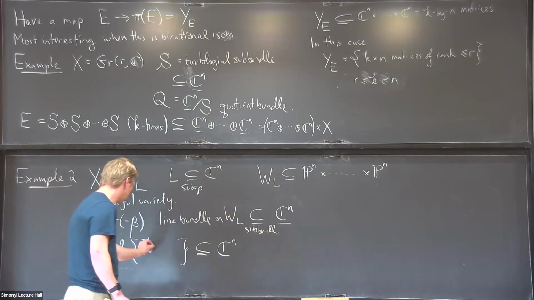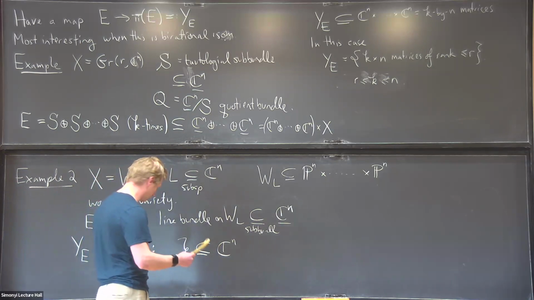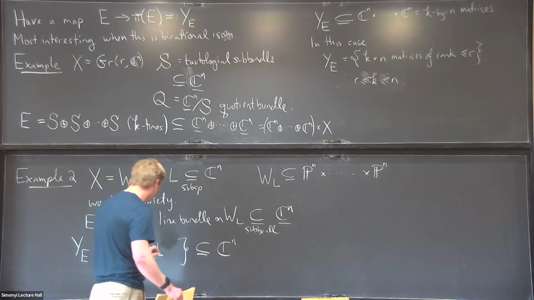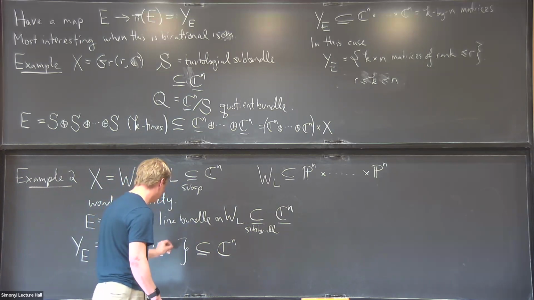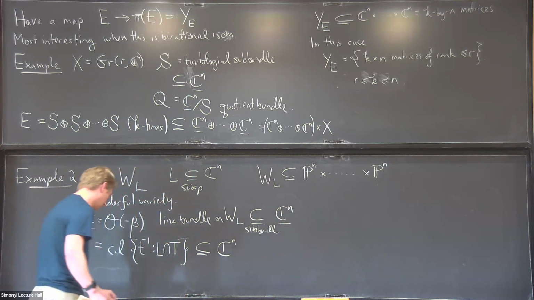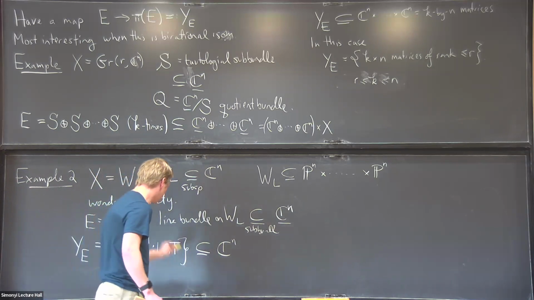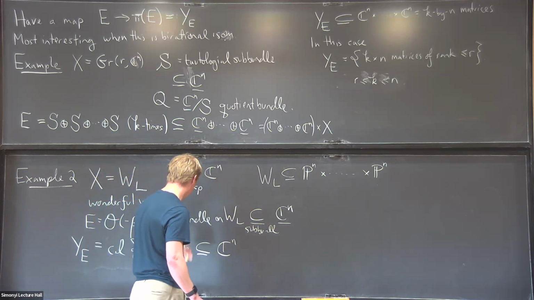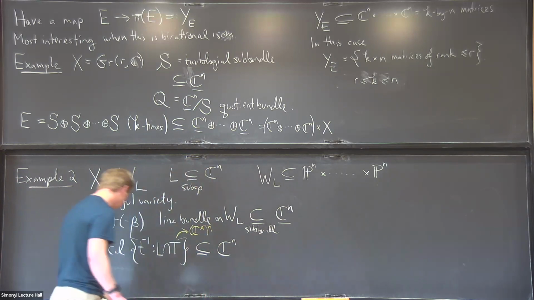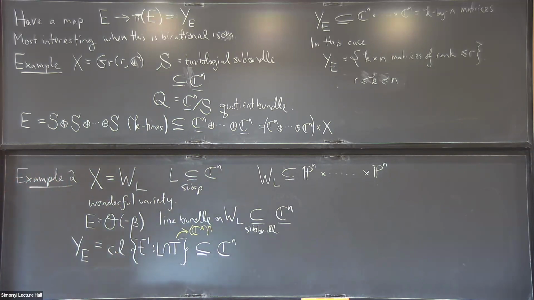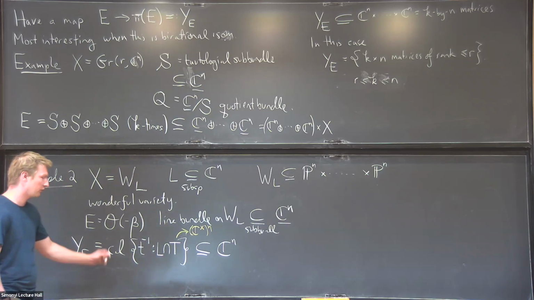It's going to be the closure of the inverses of all points of L intersect the N torus, where T here is going to be C cross. So I'm going to look at all the points inside of my linear subspace, take the inverse of all of their coordinates, and then close those things up.